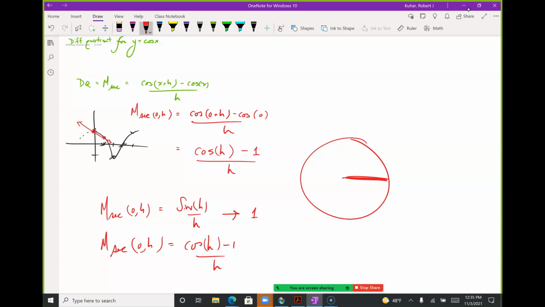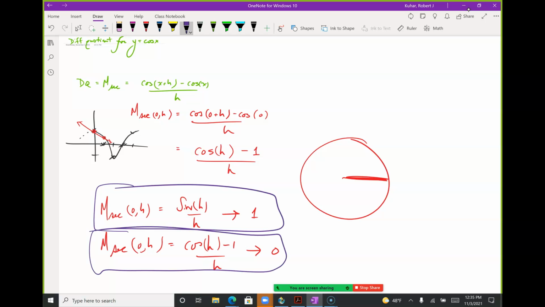What is cos of 0, by the way? 1. Good. So upstairs I get a 1 minus 1, that's 0, and downstairs I get a 0, so I get a 0 over 0. And that one goes to 0. So sometimes when I get a 0 over 0, I get a 1. Other times when I get a 0 over 0, I get a 0. This is what's called an indeterminate form.